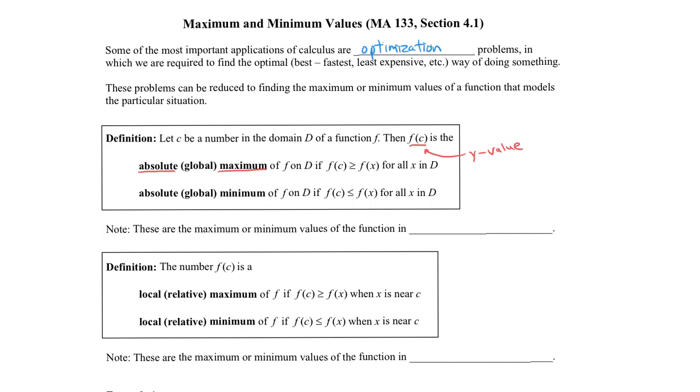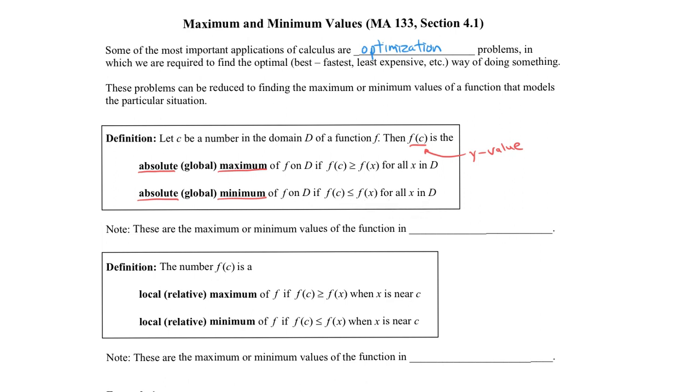Okay, and then we could also have an absolute minimum value or a global minimum of the function on this domain if f of c is less than or equal to f of x for all other x in the domain.